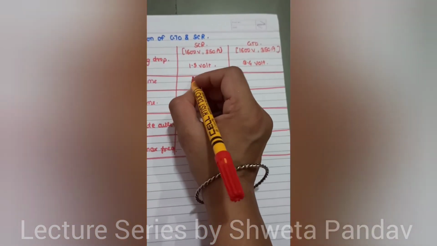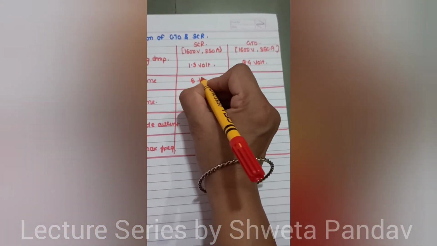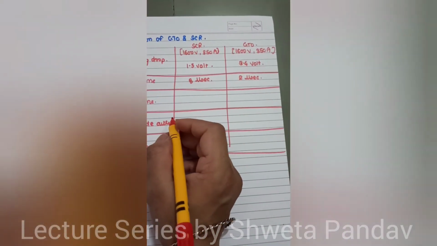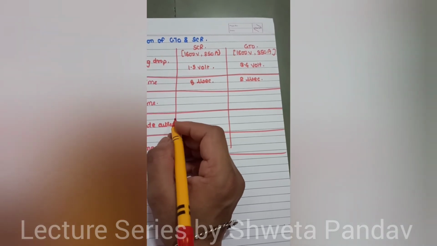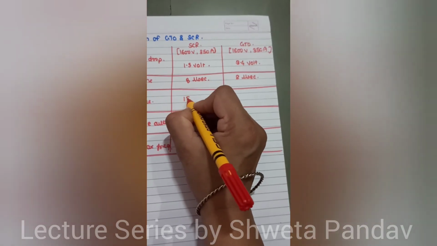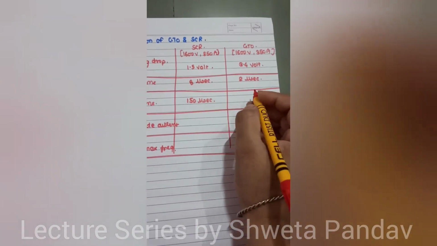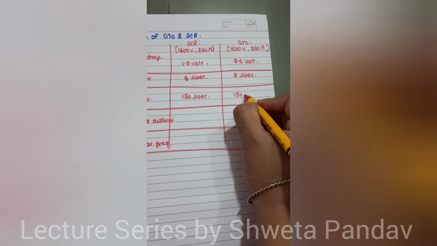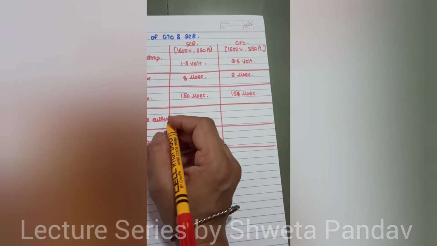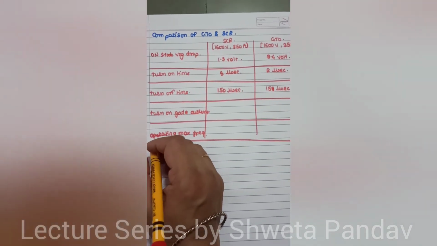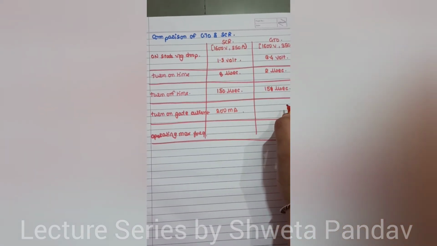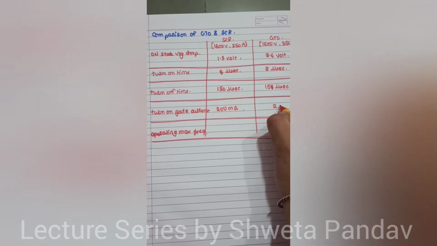The turn on time for SCR is 8 microsecond, while the turn on time of GTO is smaller. The turn off time for the SCR is 150 microsecond, and for the GTO it is 15 microsecond. The turn on gate current for the SCR is 200 milliampere, while for the GTO it is 2 ampere.